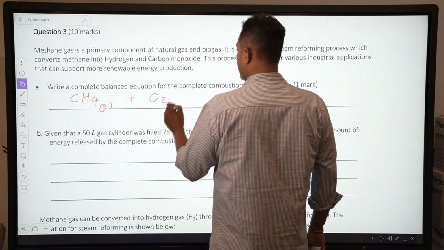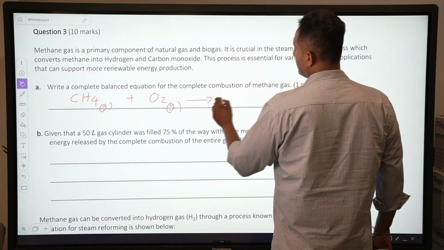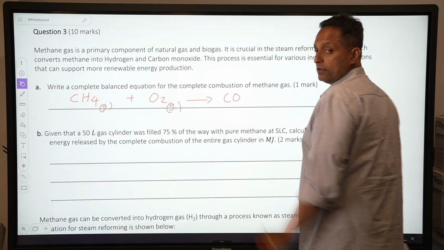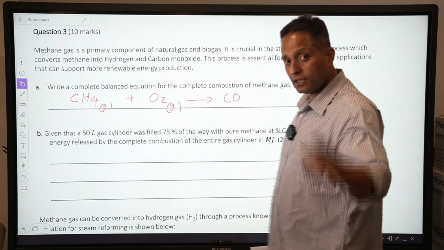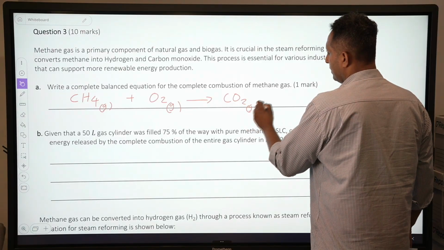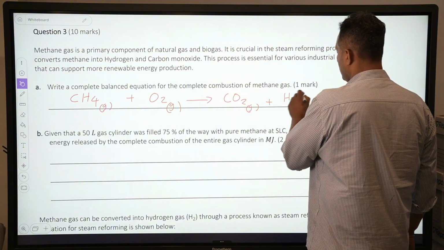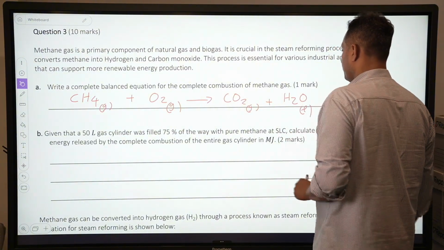Everyone knows this reaction. Complete combustion, so you are going to get carbon dioxide gas, not carbon monoxide, that is incomplete, isn't it? Carbon dioxide gas plus H₂O as the liquid.